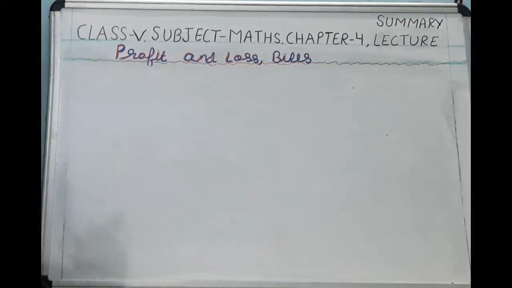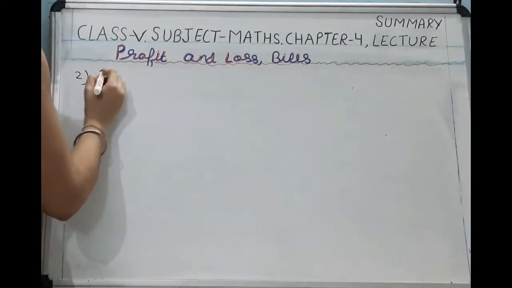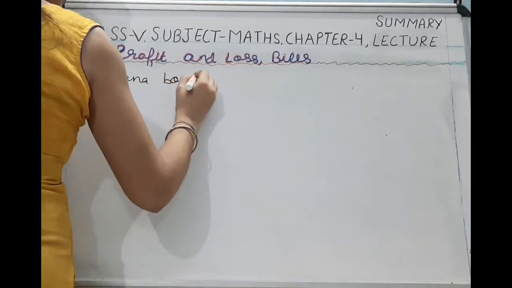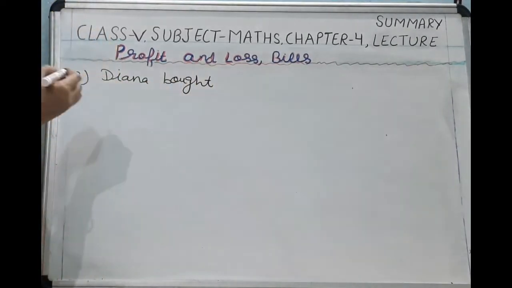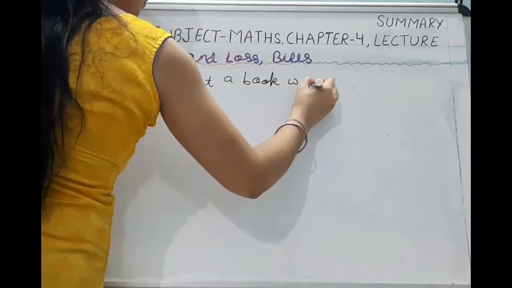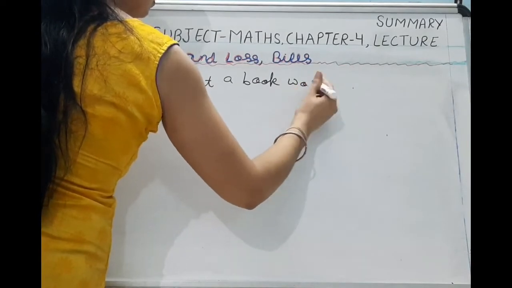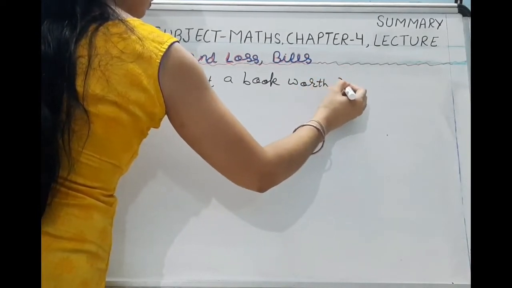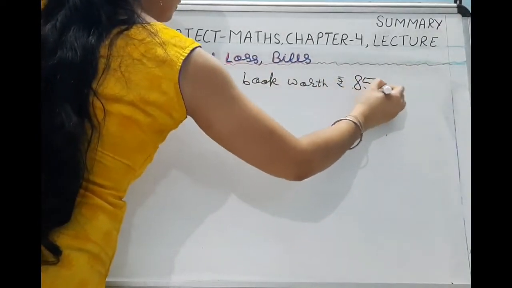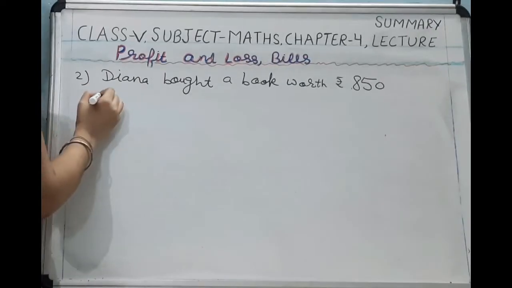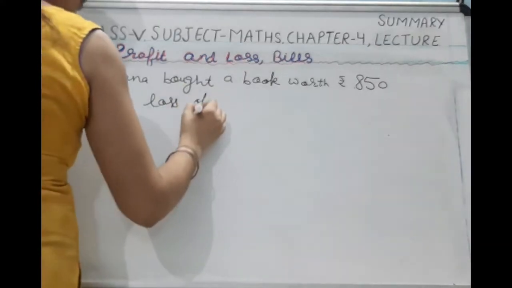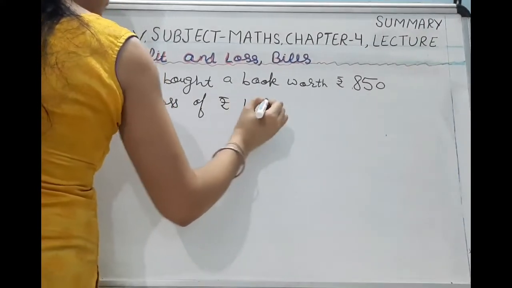Now the next question is, Dinah bought a book worth, means cost, rupees 850, at a loss of rupees 180.